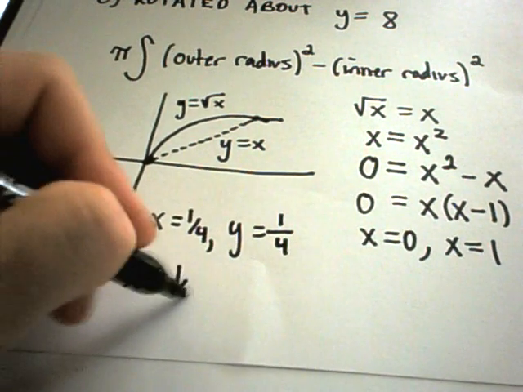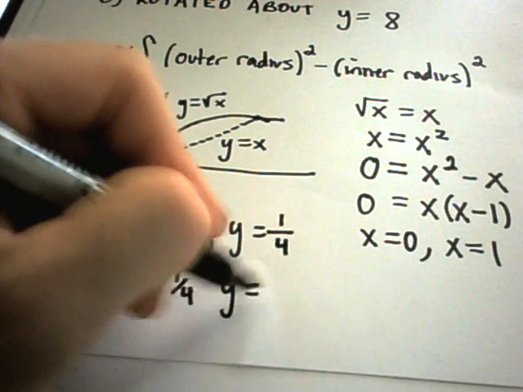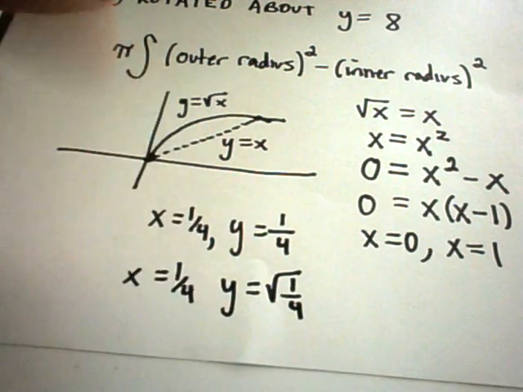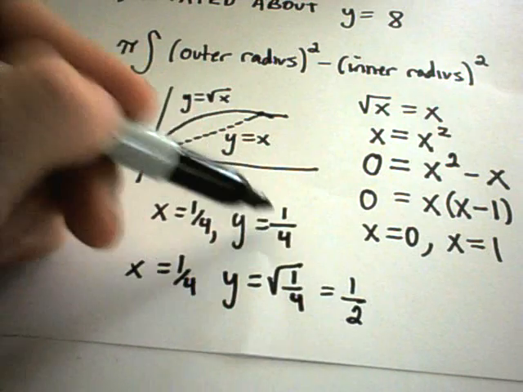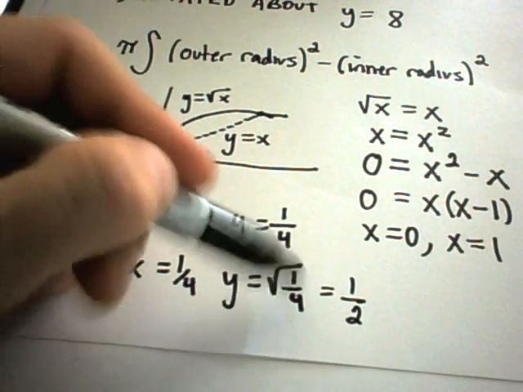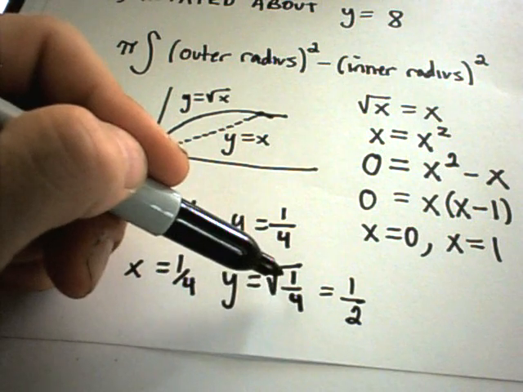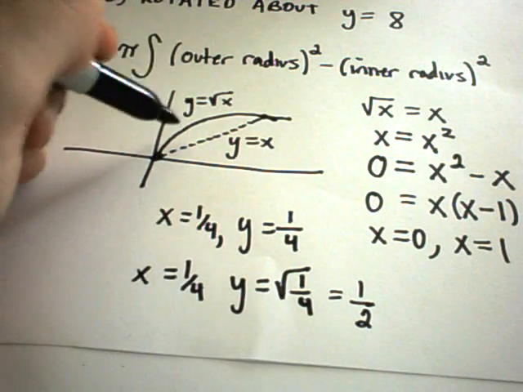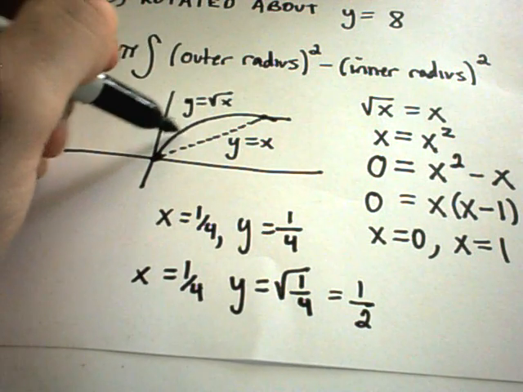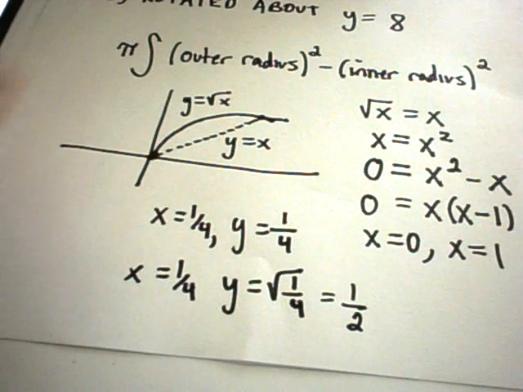If you plug x equals 1/4 into the square root function, the square root of 1/4 is 1/2. Well, 1/2 is bigger than 1/4. That means the square root function is bigger over this interval from 0 to 1. It's bigger than the function y equals x, so I know that y equals square root of x is bigger.